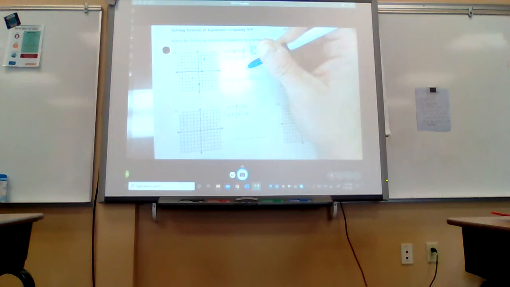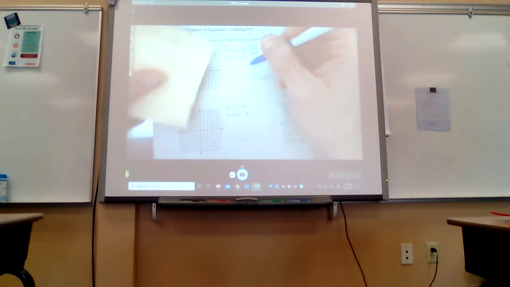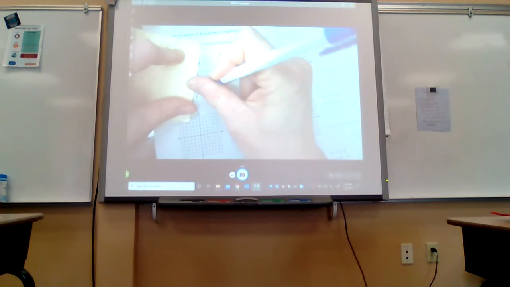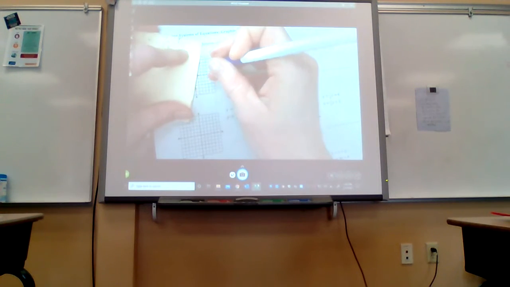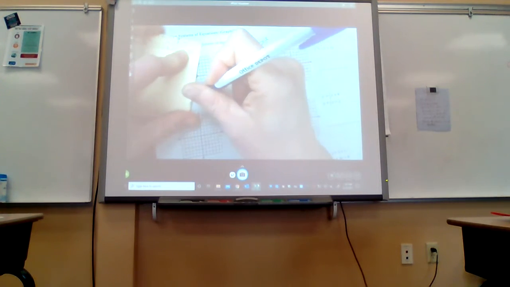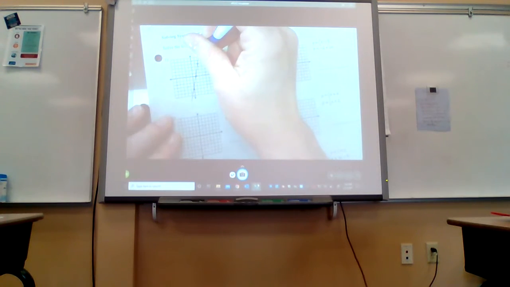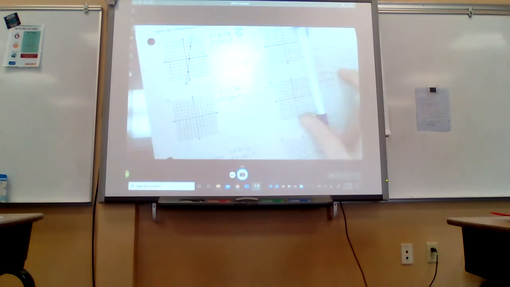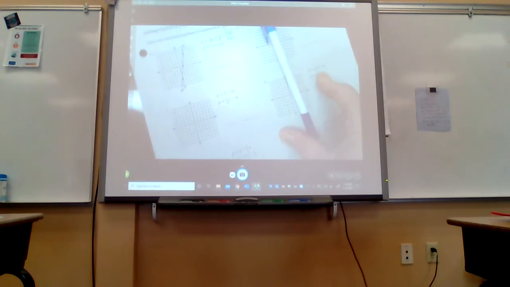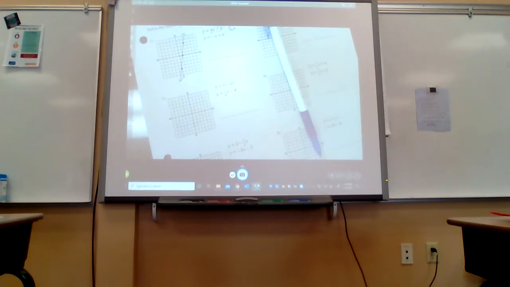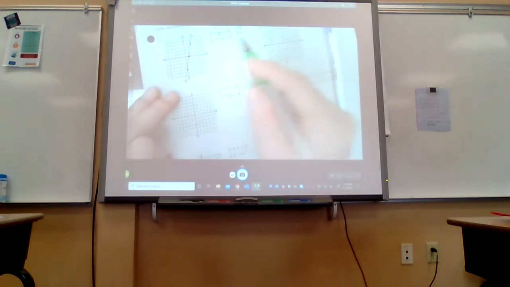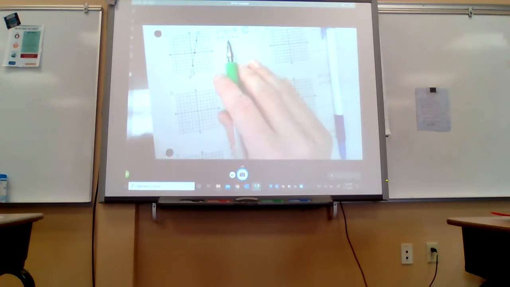Then you can take a straight edge, whatever you have near you: notebook, folder, old Post-it. Okay, this one, y equals negative x plus 6.